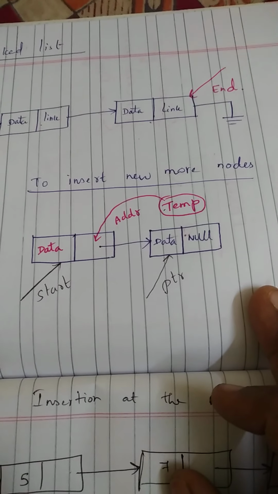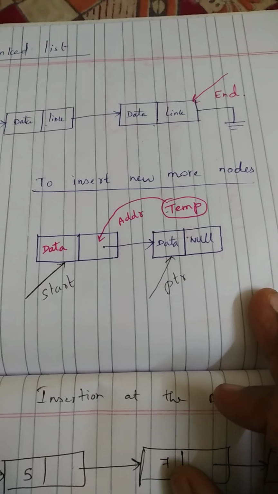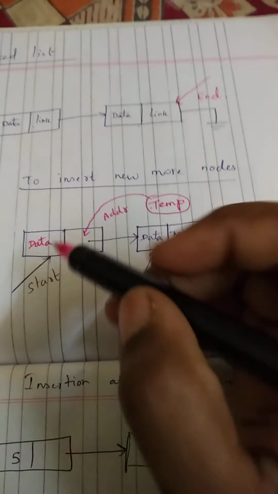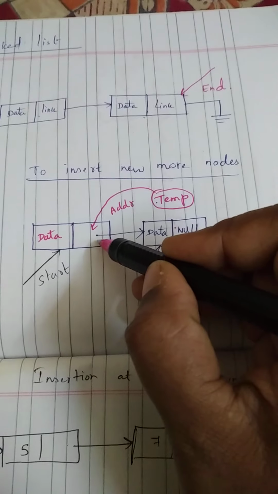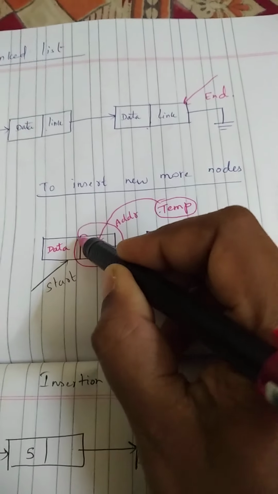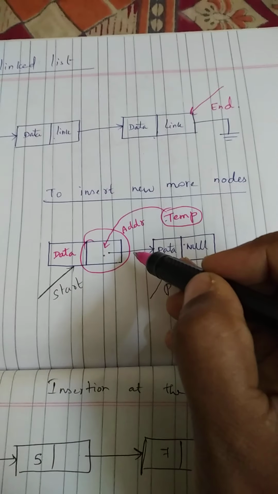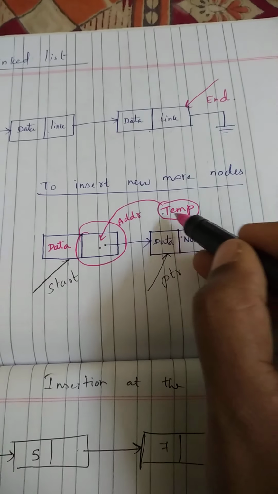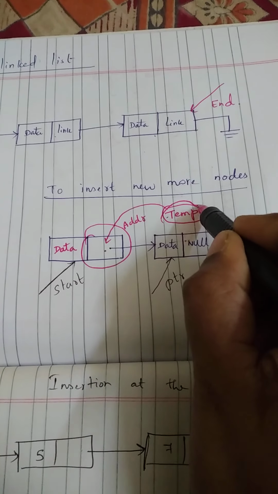Now I want to insert some more new nodes into my linked list. So what do I have to do? Earlier, as this was the first element and there was no more element, I just kept this link field value as null. Now in my list I have one more node called temp node.